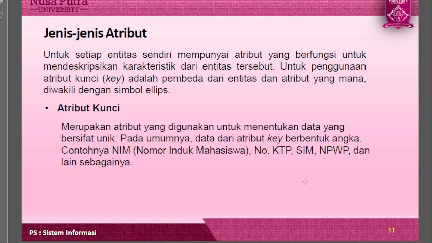For example, for mahasiswa or the student, the primary key has to be NIM or student ID. For example, your ID card, the password, or others. It has to be counting, atau angka ya kita sebut angka.